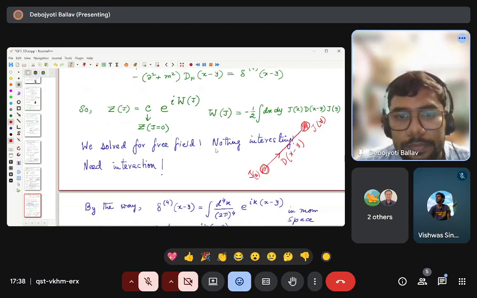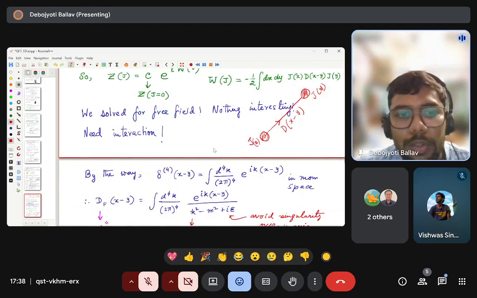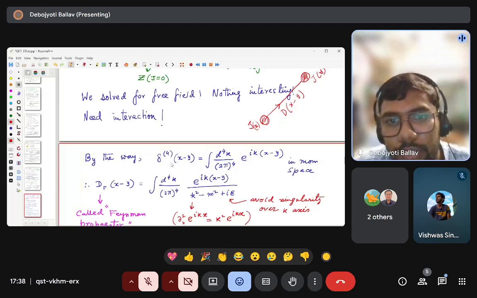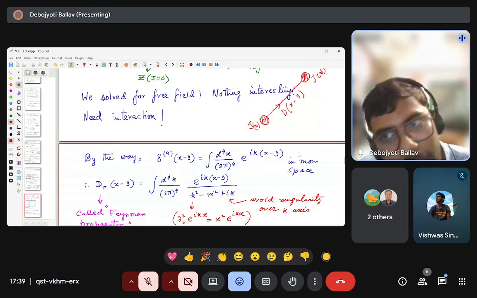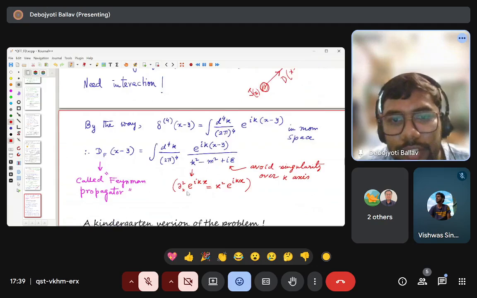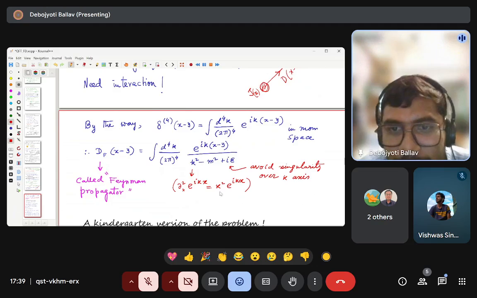Okay. Now, how to calculate this propagator? I told you that we can write them in terms of Fourier modes. So this Dirac delta function you can write in terms of a Fourier integral over k space or momentum space, and now this del square operator acting on e to the power i kx gives k square. It is an algebraic operator.